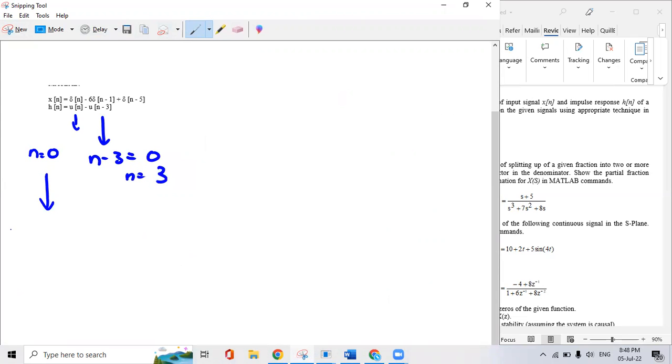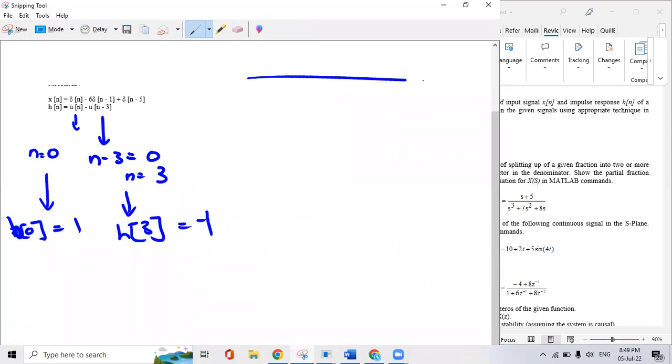The magnitude of h0 is equal to 1, and h3 is equal to -1, so something similar happens again.